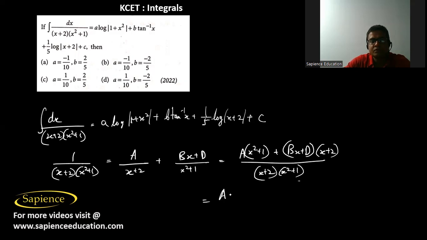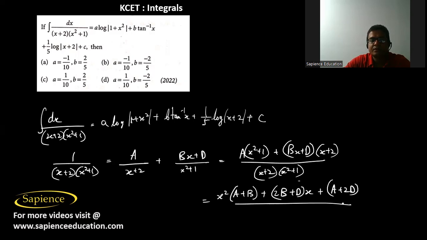So this will be equal to, x square I can take as common, x square into (a plus b), plus this will be (a plus 2d), and this will be bx. Okay, so then this will be (2b plus d) into x plus (a plus 2d) divided by (x plus 2) into (x square plus 1).